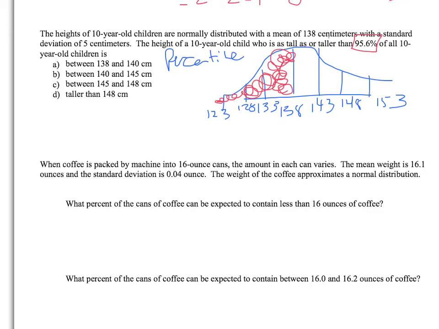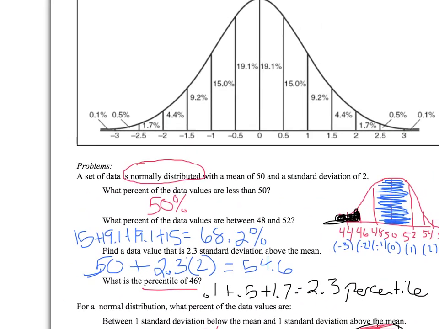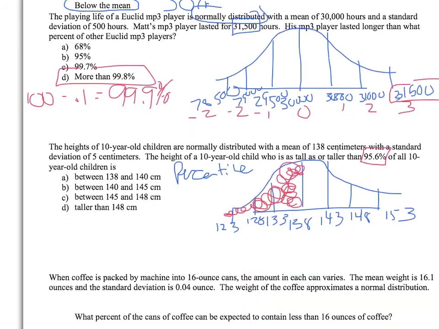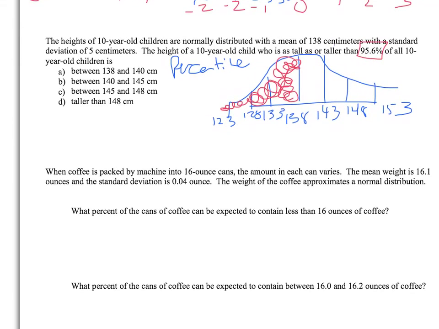So for 138 I'm up to 50%. Now I'm going to add the piece for the +1 of the standard deviation, which is 19.1 and 15. So 50 plus 19.1 plus 15 is 84.1, so I'm not there yet.